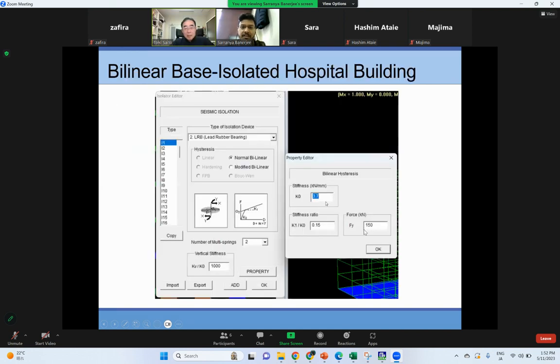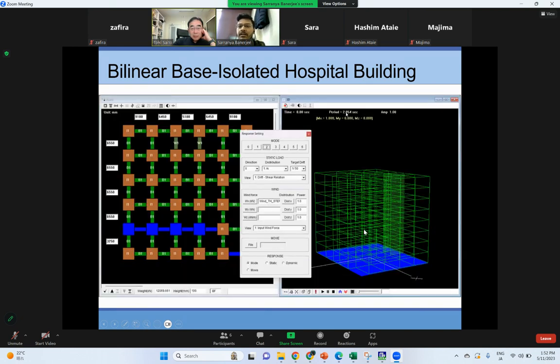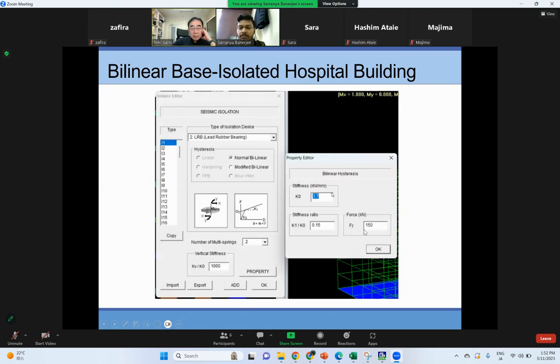And then Sensei, as we discussed, I also tried with the lead rubber bearing. With the lead rubber bearing, I used these parameters. So these parameters actually concluded to a 2 seconds time period. I just used random parameters to get a 2 seconds time period, and I used the same parameters for my MATLAB program also.